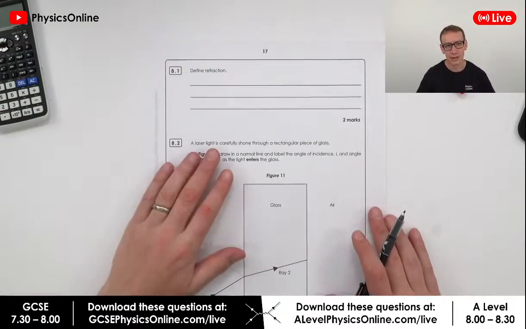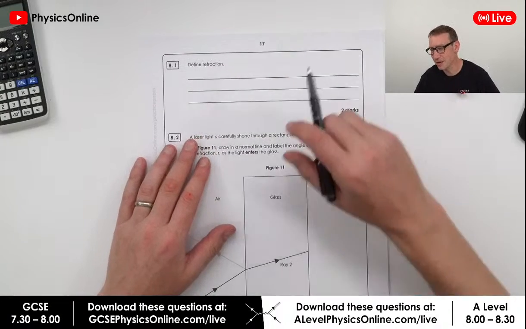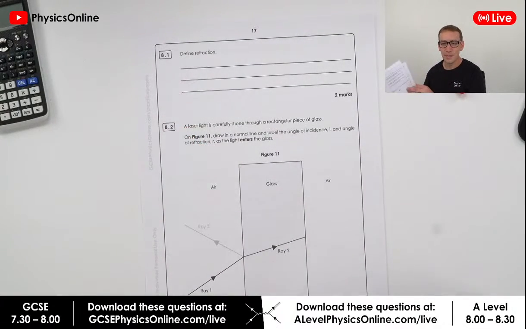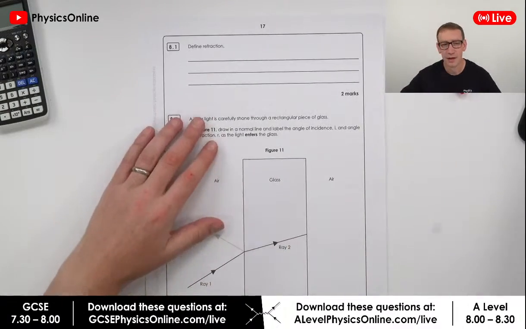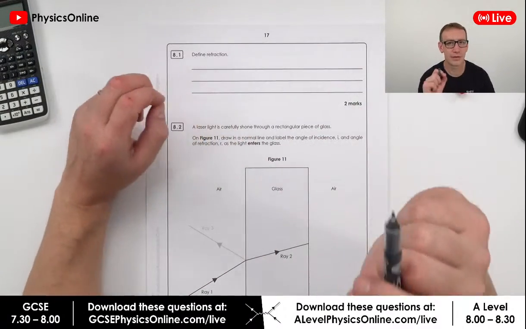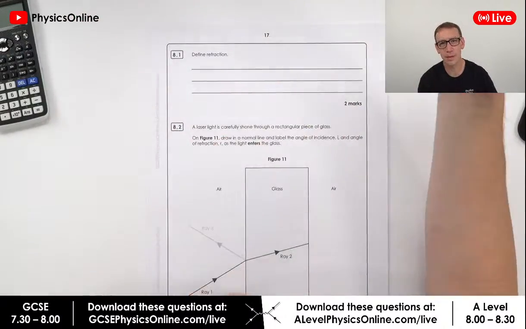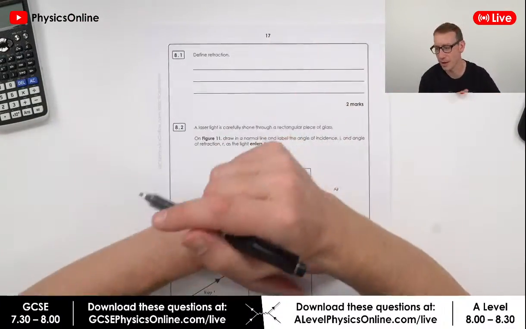Right, the next one. We don't have much time because of my technical issues. The first bit is, what do we mean by refraction? Okay, so refraction is not just to do with light. Lots of different waves refract. So we can have radio waves that refract, we can have sound waves refracting.